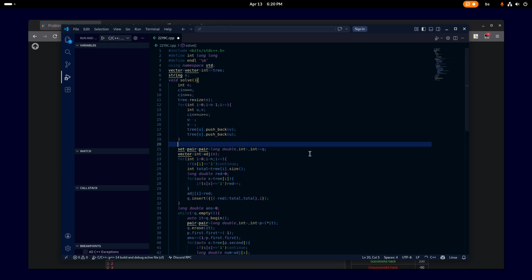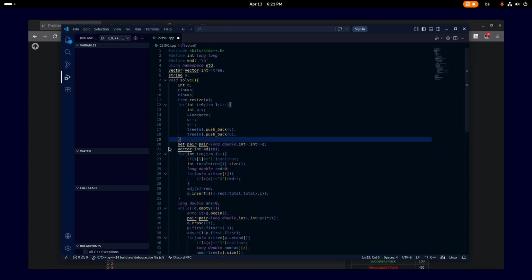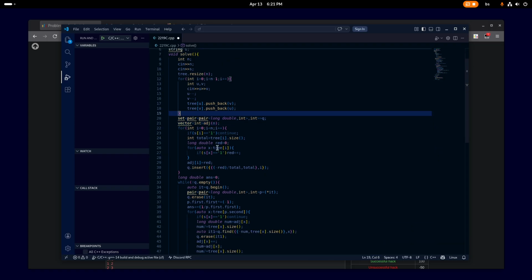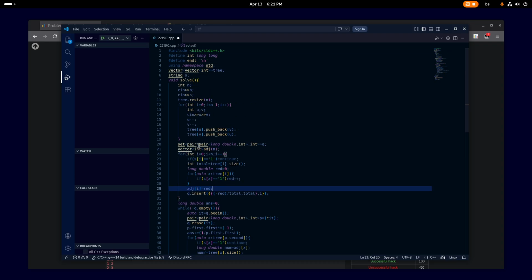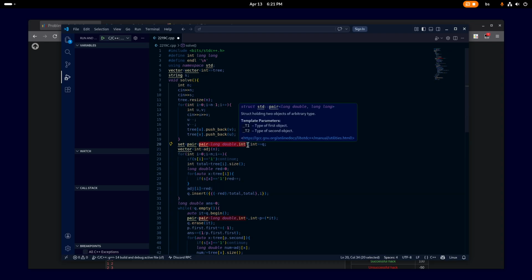Okay, in that case, I will make this adjacent basically like the red at current point vector. So I would want to put this value to be, okay, I'll go back to just long double, not pair long double int.